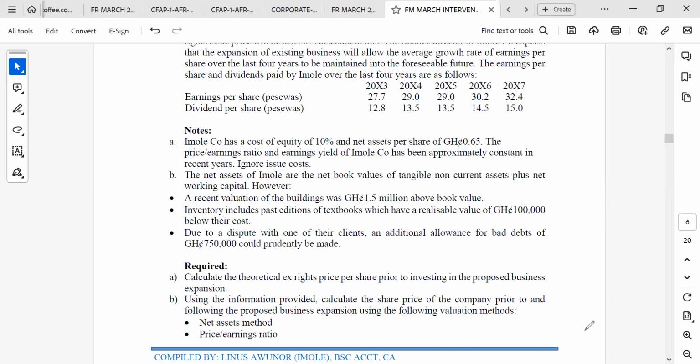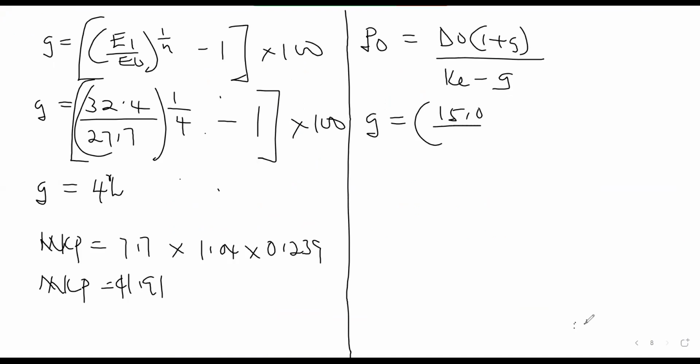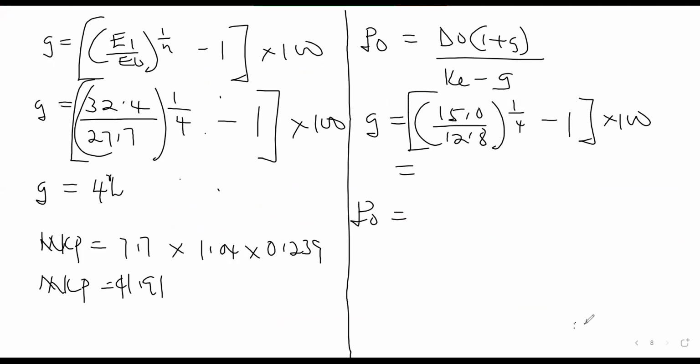So we have 15.0 divided by 12.8 exponent 1 over 4 minus 1, all multiplied by 100. What are we getting? That one too is 4%.